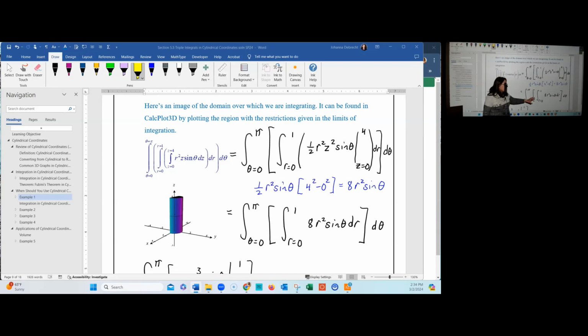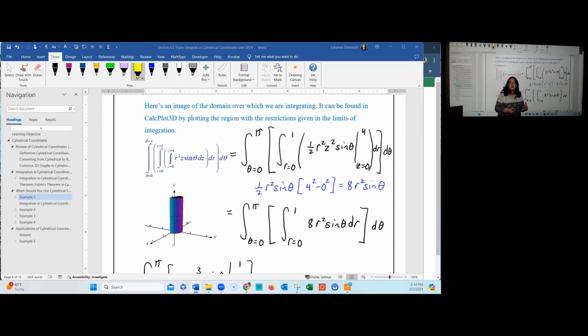The next one I want to integrate with respect to is r. Again, because this is a cylindrical box, I could go in any order I like. However, I know moving forward that z will likely be a function of r and or theta. R will likely be a function of theta, and theta will generally be constants.